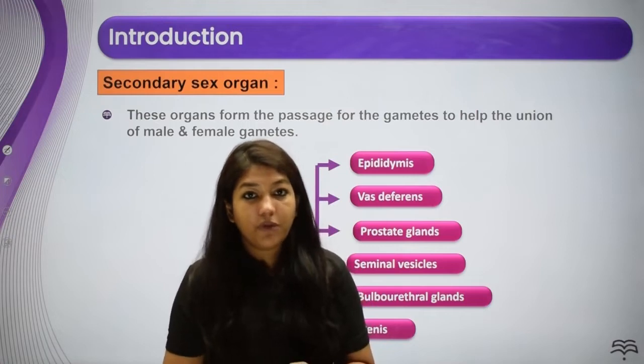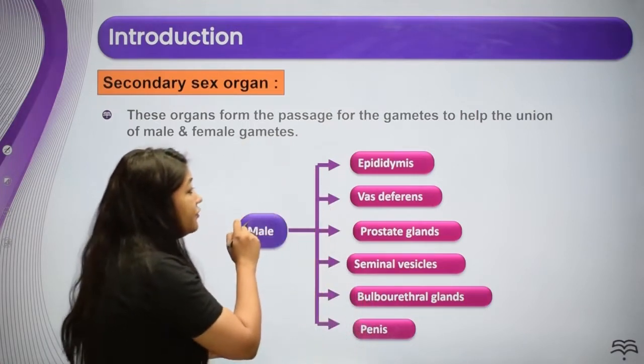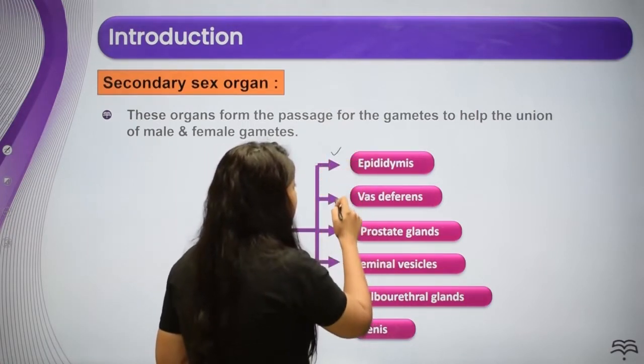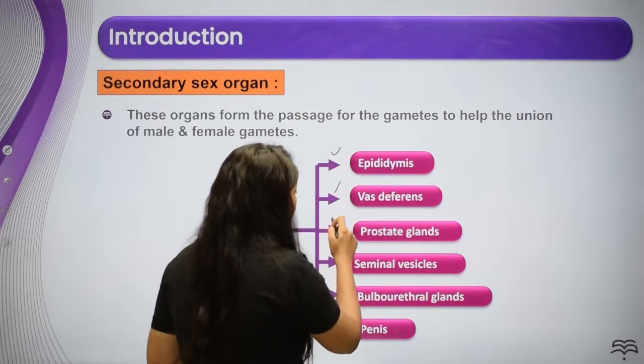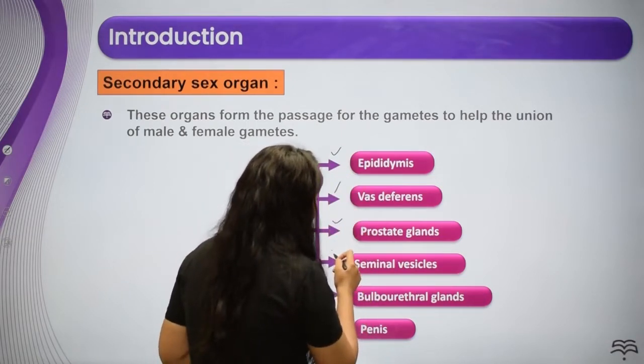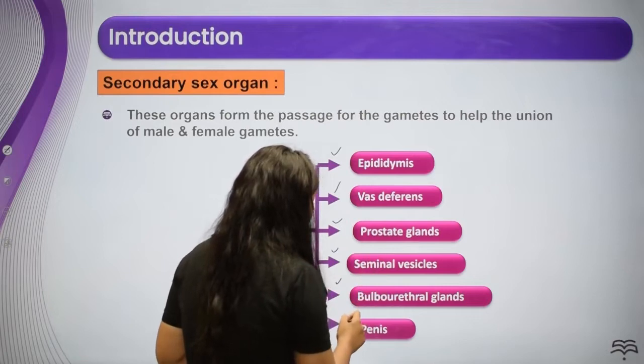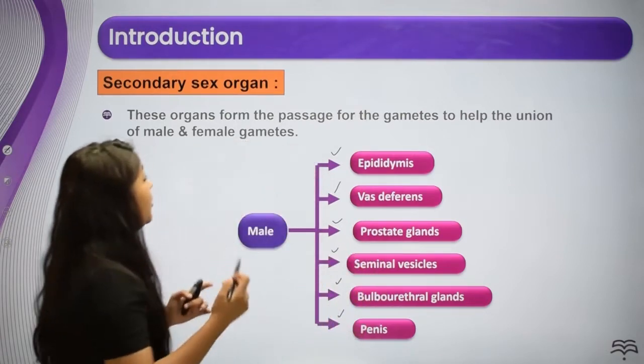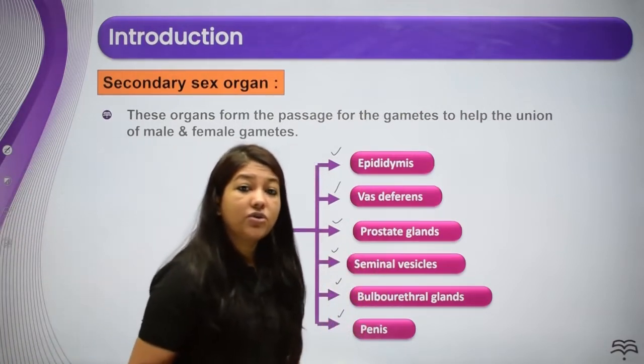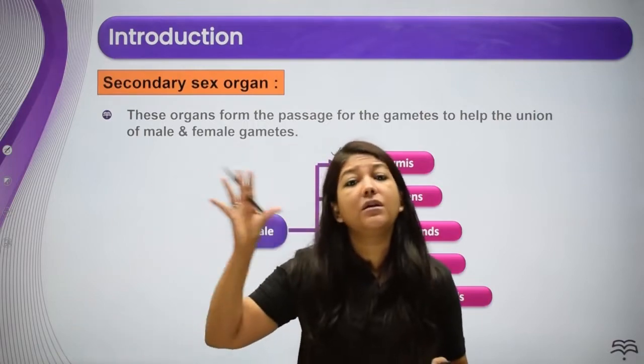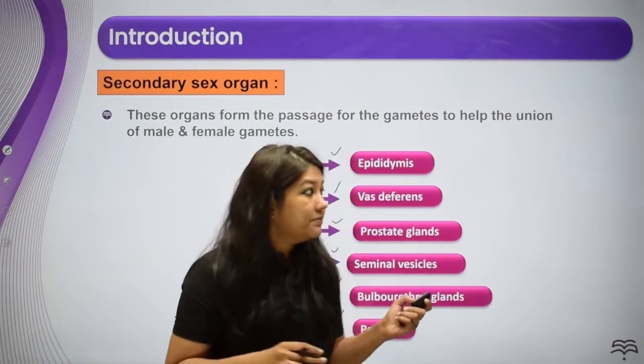All right. So see, we'll be talking about the male reproductive system, and the female reproductive system. In case of males, epididymis, vas deferens, and then prostate glands, seminal vesicle, bulbourethral glands, and then lastly penis. What are these? These are secondary sex organs. They are going to help in the process. Okay.